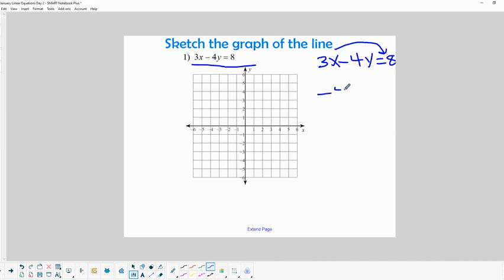So we'll be left with negative 4y. And to move that 3x, we actually have to subtract it off, right? So we'll have equals negative 3x plus 8. Then all we have to do now is divide everything by negative 4 to finish solving it for y.